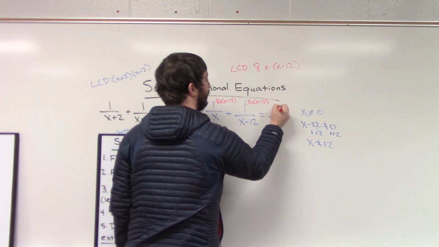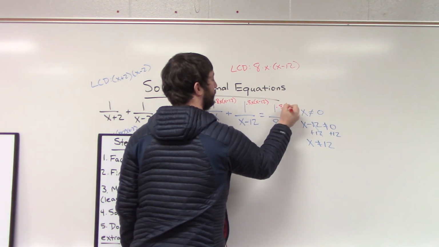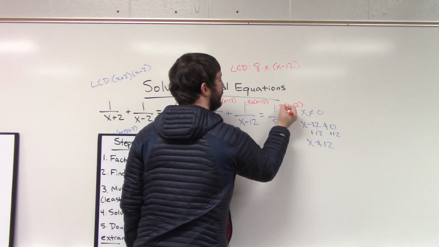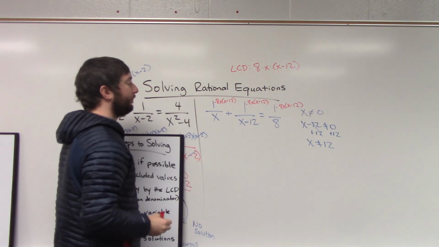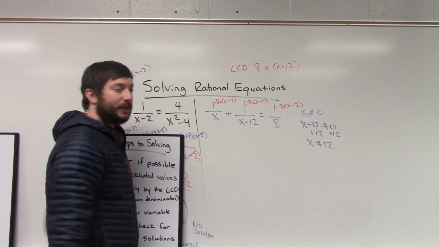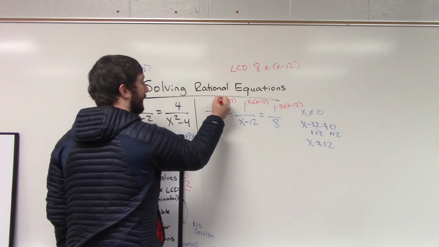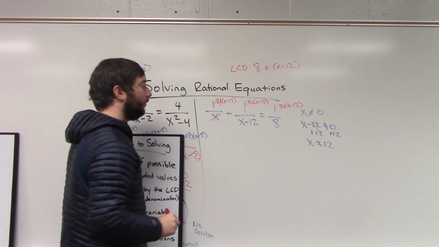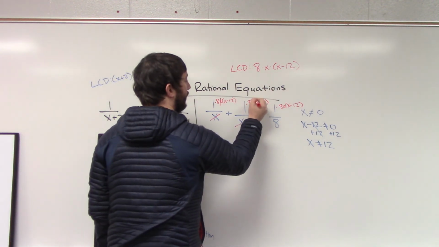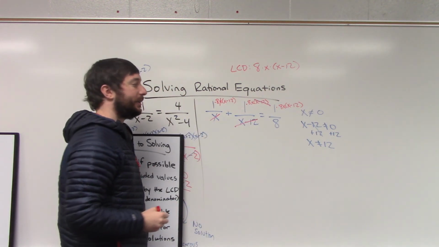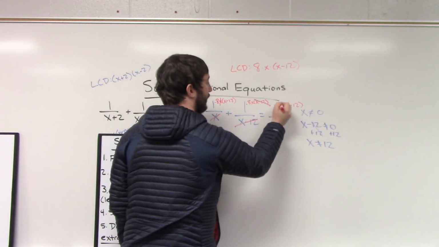Try to make things a bit more simple. Right? So for example, what cancels out on the left expression would be x and x. What cancels out in the middle would be x minus 12 and x minus 12. What cancels out on the right? 8 and 8.